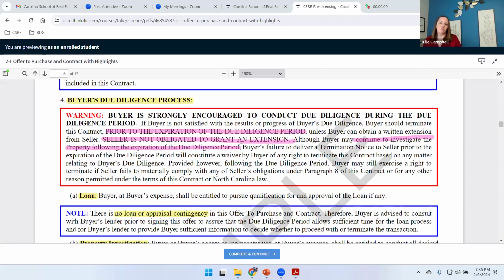Buyer's failure to deliver a termination notice prior to the expiration of the DDP will constitute a waiver by the buyer of any right to terminate. Buyer may still exercise a right to terminate if the seller fails to materially comply with their obligations, et cetera, et cetera. So the big red warning talks about that right to terminate, still investigate, still learning.